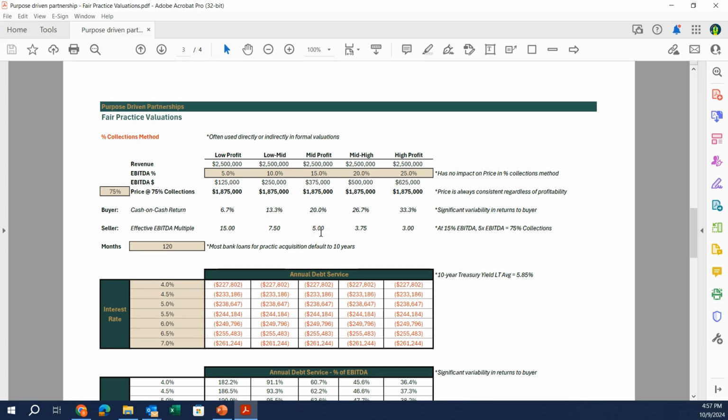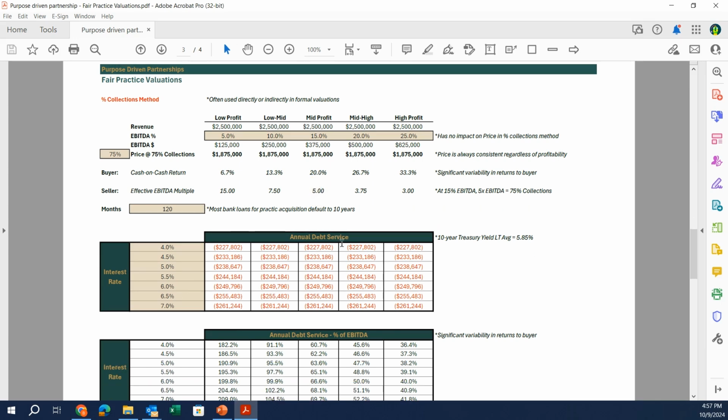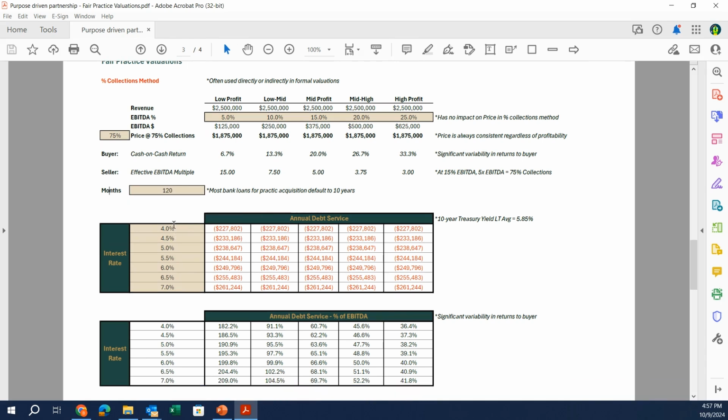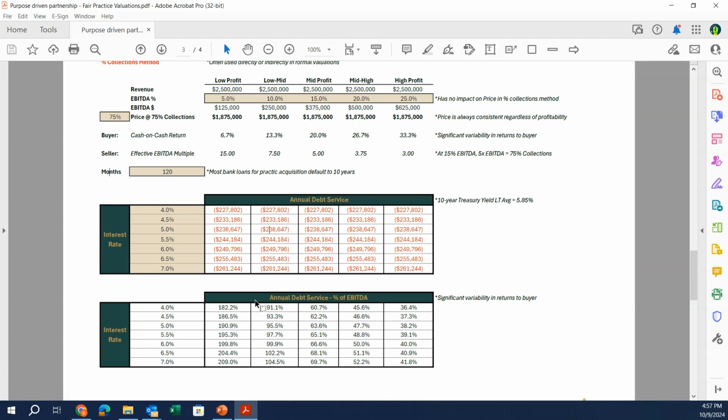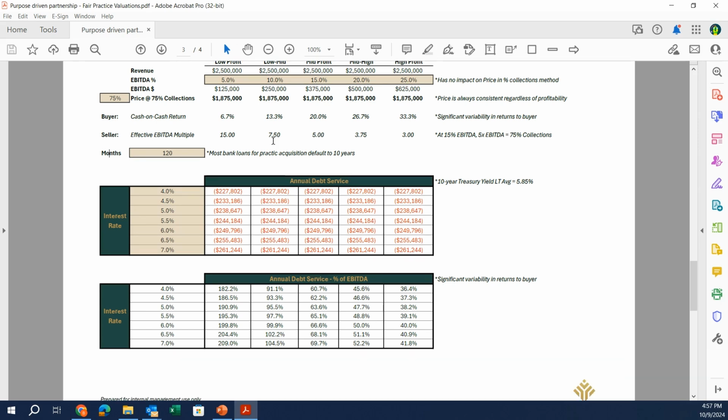Once again, we're going to take this and run it through the detailed scenario using 120 months and the same interest rate that we were looking at before of 4 to 7%. We're going to focus once again not on the dollars that are right here, but at the percentage of EBITDA that's paid on the debt service and the percentage that's available in net cash flow.